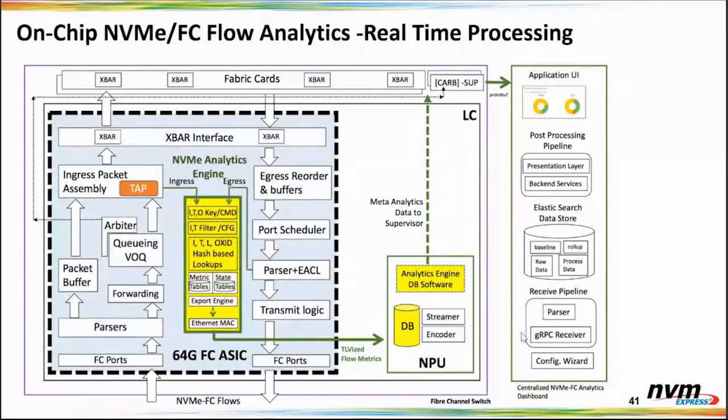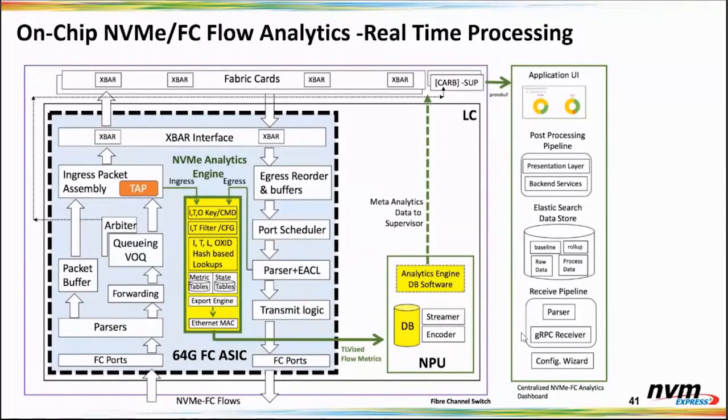Now, imagine that 64 gig Fibre Channel is there today. If you have 48 ports on a line card in a modular architecture, at every port at 64 gig, every packet is coming in. And if there are 8 line cards within a director, for every port, every packet, the metadata has to be extracted. So it has to be done on the chip. That's what we're showing in yellow inside: the packet comes in, the Fibre Channel goes to the parser, goes to the forwarding, goes to the VOQ architecture, virtual output queuing.